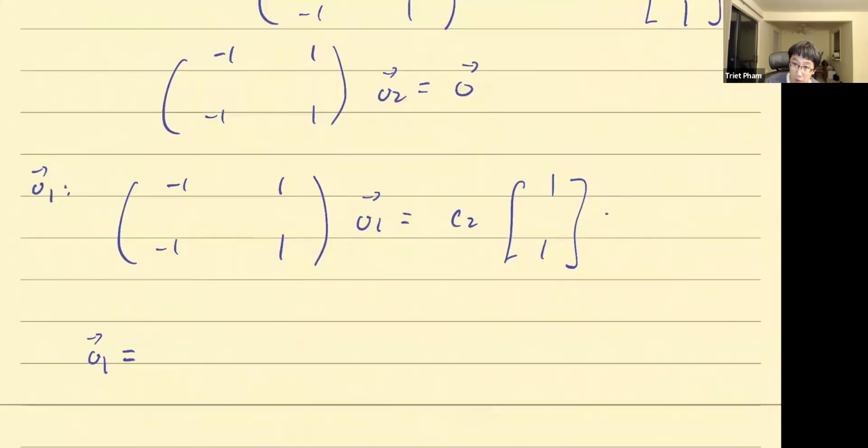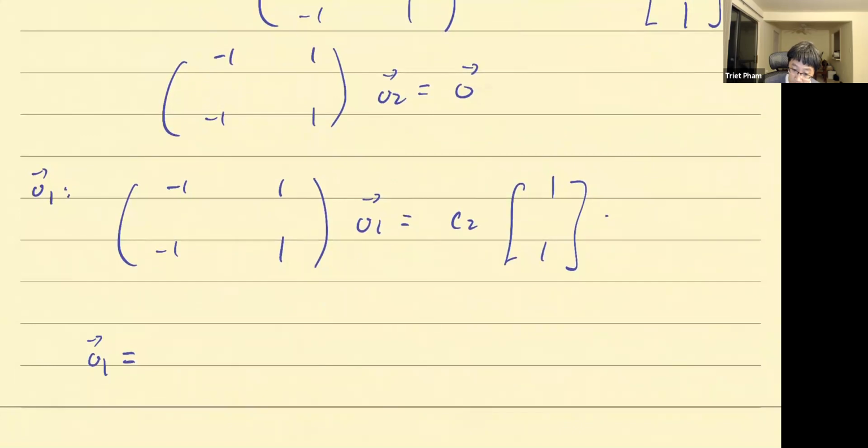V1 will be a particular solution. What is a particular solution here? If you hide the C2, then you see that 0 and 1 here would work. But after you got that (0, 1), you must include the C2, because the C2 is included here.